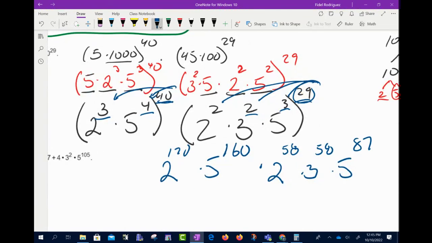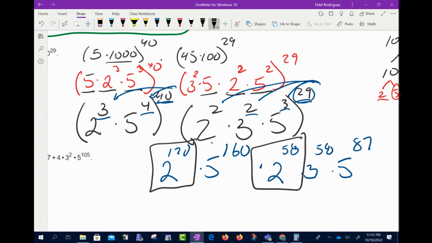Okay. Now, coming back to my rules of exponents, y'all. I'm going to take this 2 right here and this 2 right here. If I have 122s there and I have 58 2s there, that's telling me that I have a total of, I'm going to add them together, 178 2s. Okay. My 3s, there should be a total of 58 of them.